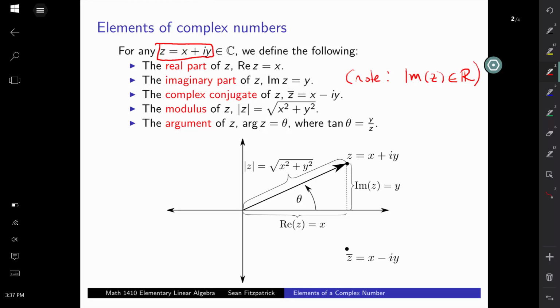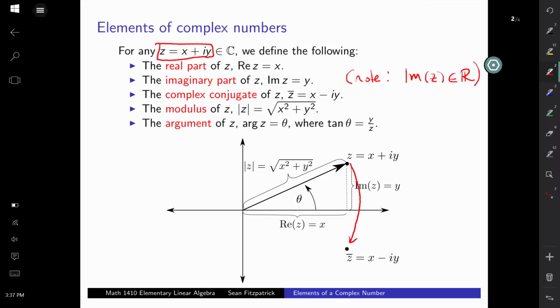Geometrically, you can interpret the complex conjugate as a reflection because you're changing the sign of the y-coordinate. Changing the sign in the y-coordinate means that you are flipping things across the x-axis. You're taking the mirror image of the original complex number on the other side of the x-axis. So you have a nice way of thinking about the complex conjugate as a reflection.